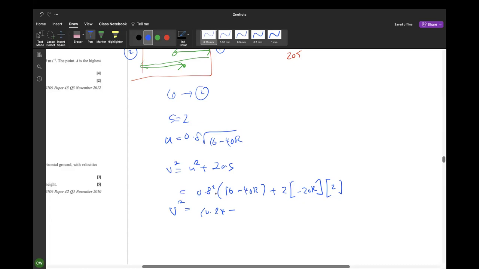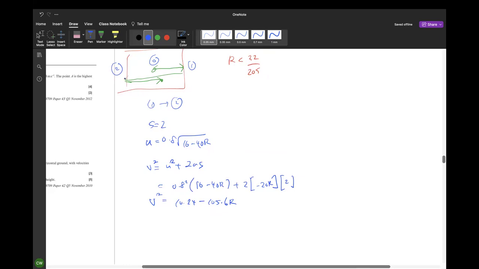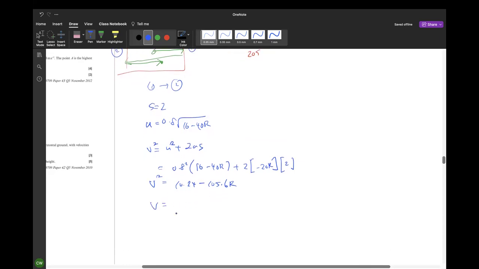Okay, the other value is 105.6R. So the speed before the hit is this one: 10.24 minus 106R.